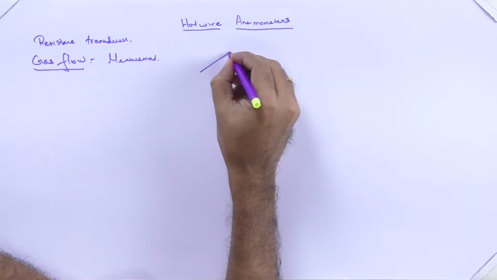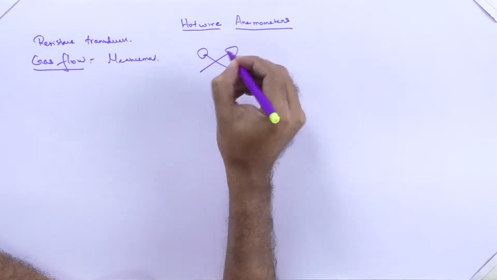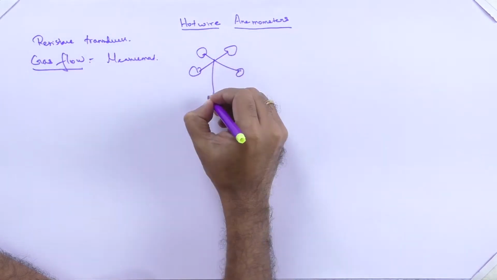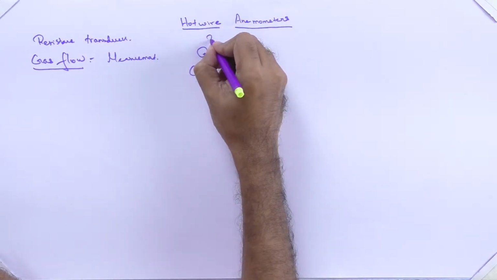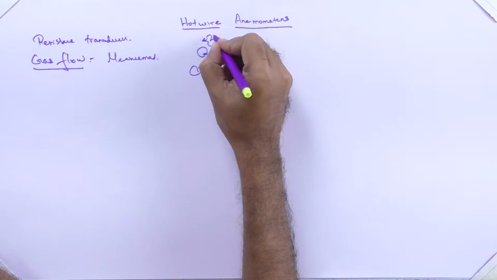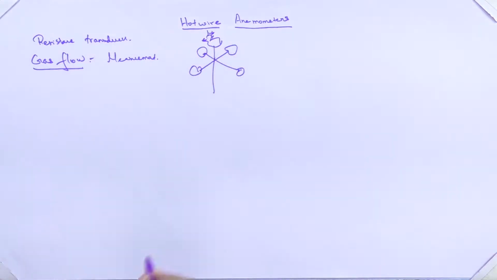You might have seen this kind of instrument, which gives you the wind speed. Here it is measuring the wind velocity, and hence it is a very ancient type of instrument for measuring the wind speed.